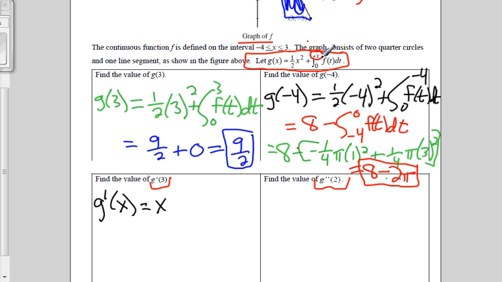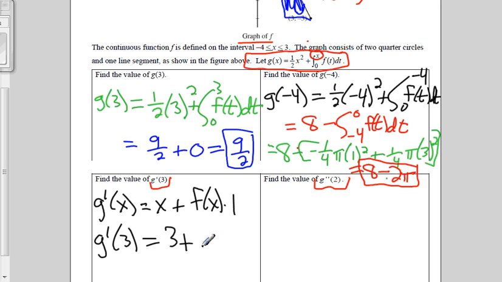It's a constant up to a function, so I can just put the function in. So it's going to be plus f of x times the derivative of x, which is just 1. So the derivative is x plus f of x. Now I can put in 3, and I'll get 3 plus f of 3.